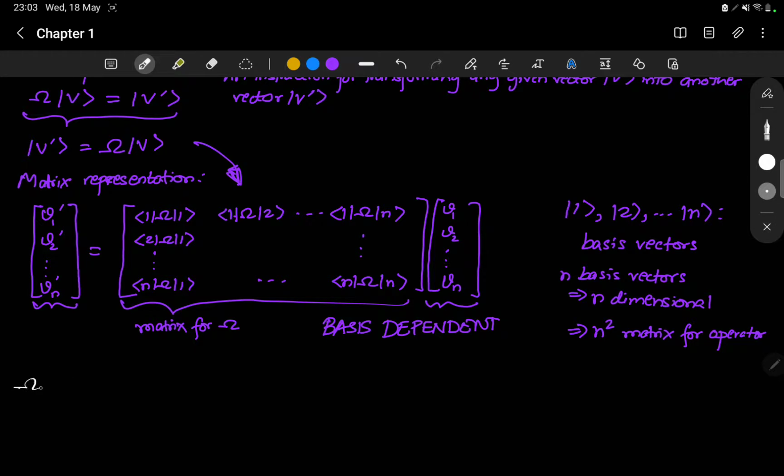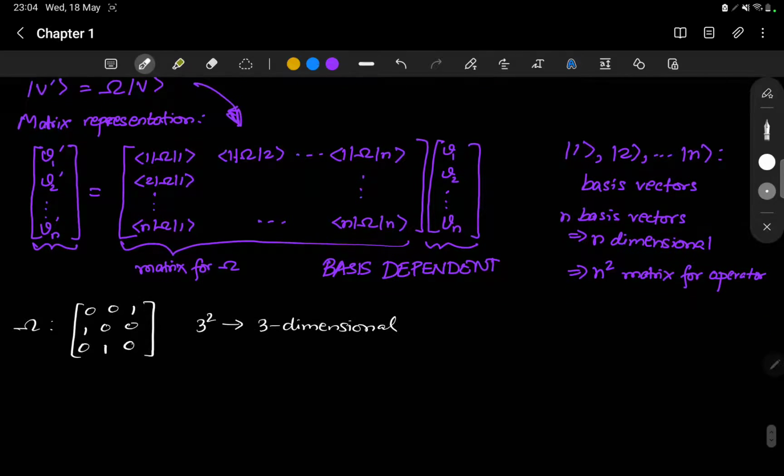Our given matrix has the following matrix representation. This has dimensions 3 squared, so that means this is for a 3-dimensional space.